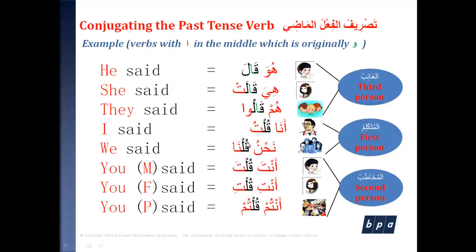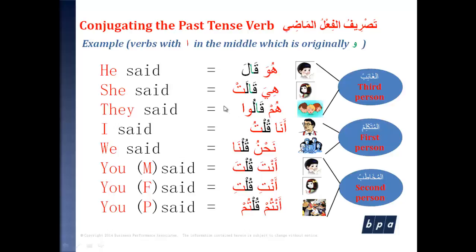The accent on the first letter becomes a dhamma instead of a fatha. The last letter, which in the previous example of dhahaba is the ba, here is the lam, the third letter, and it takes mostly a sukoon in the first and second person tenses. And again, in the first and the second person, the vowel disappears from the verb.